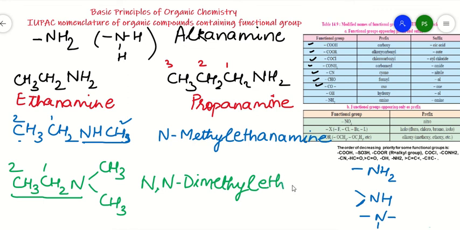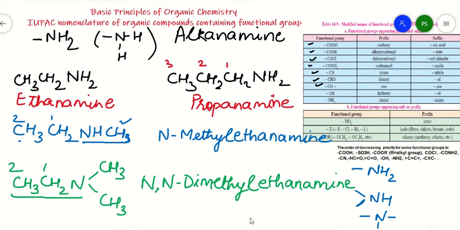So, two carbon atoms containing amino group will be written as ethanamine. So this is how we used to write the names of primary, secondary and tertiary amino groups.